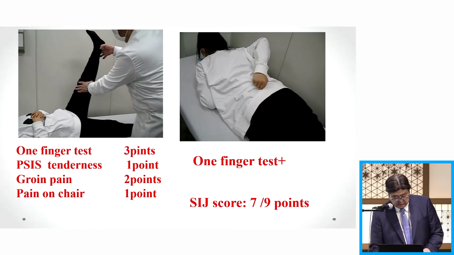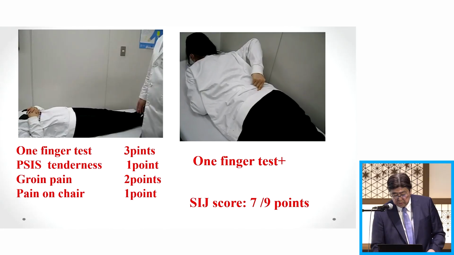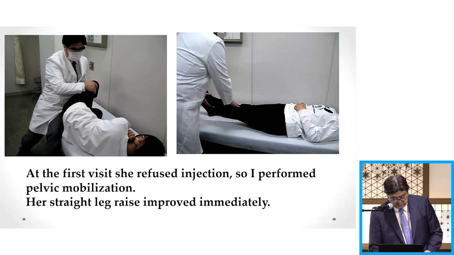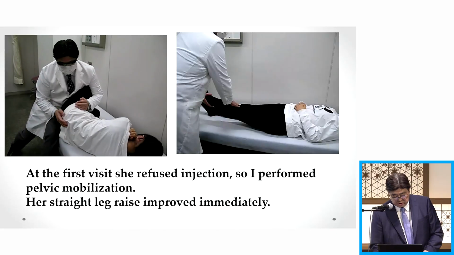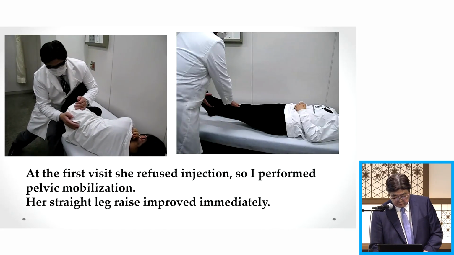Her SIJ score, according to Kurosawa, was 7 points. Both sides, one finger test positive. At the first visit, she refused SIJ injection, so I performed my pelvic mobilization technique.